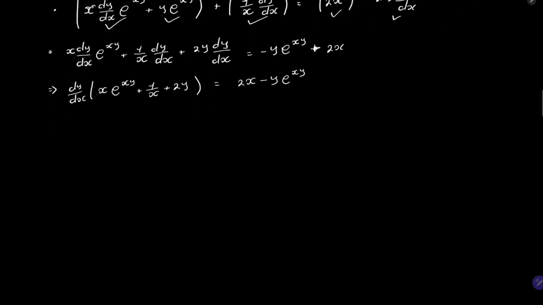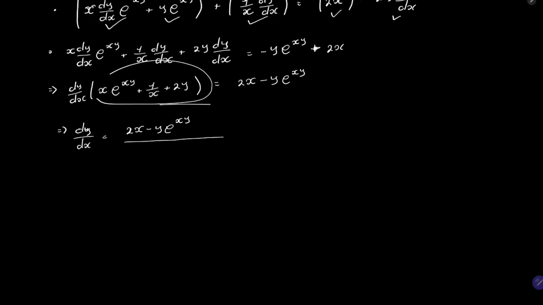So in order then to calculate our dy on the x, all we need to do is divide both sides by this term, leaving us with dy on the x being equal to the term 2x minus y e to the xy, all that divided by x e to the xy plus 1 on x plus 2y.